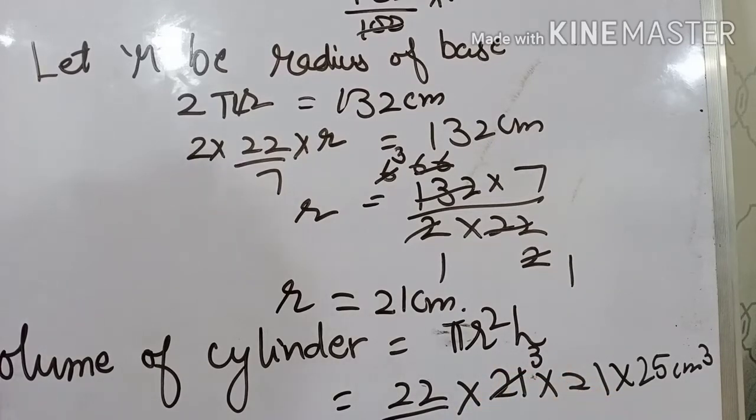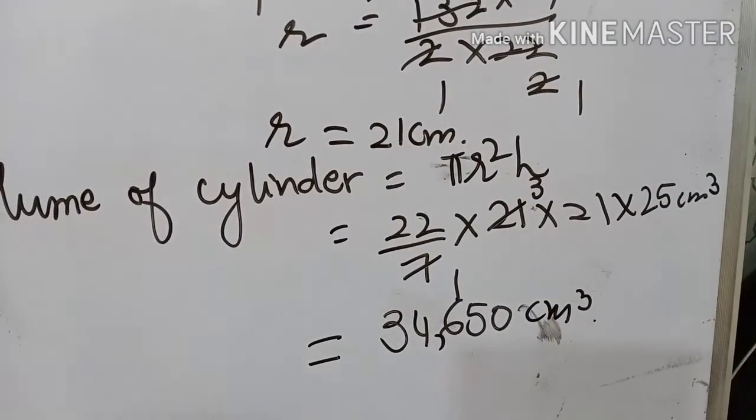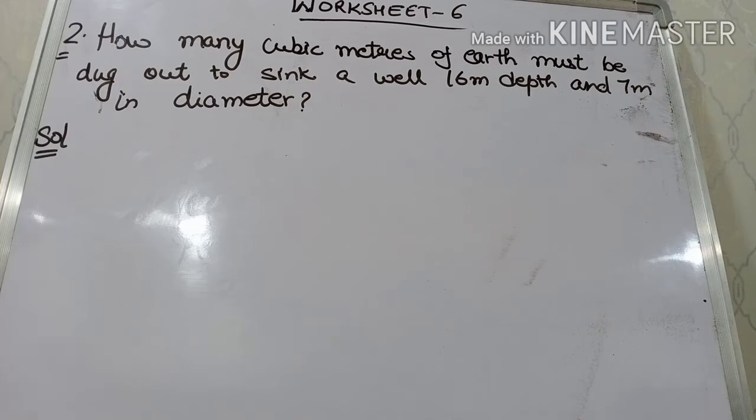When you multiply it, you are getting 34,650 centimeter cube. Hence the volume of the cylinder is 34,650 centimeter cube. Let us solve sum number 2.